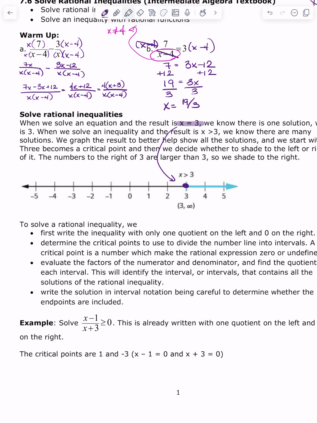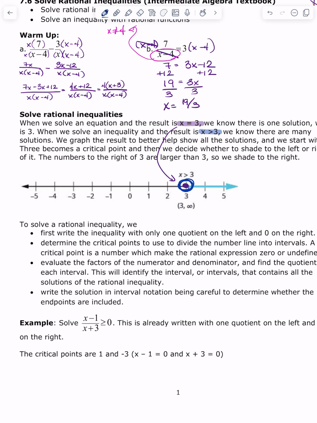Okay. Suppose, though, that we get the result that x is greater than 3. Strictly greater than 3 means we cannot use 3. A lot of times you'll see that with an open circle.